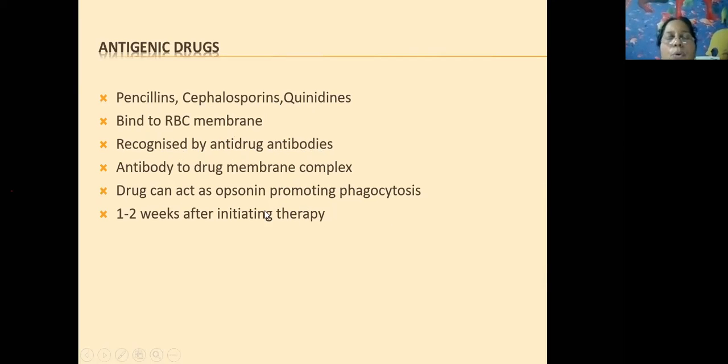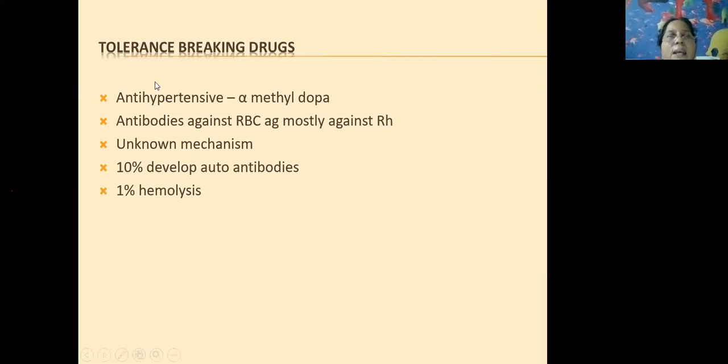So when a person comes with immune hemolytic anemia, you have to ask for drug history. Then these are the drugs which reduce the tolerance, and antibodies to Rh antigen are formed in them.